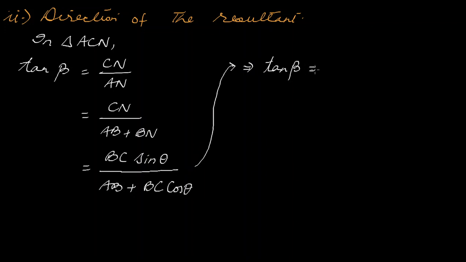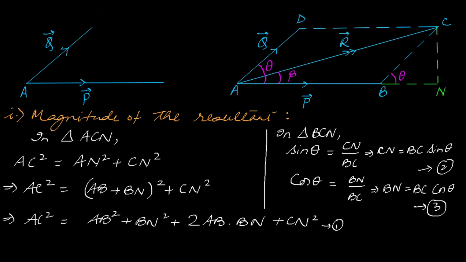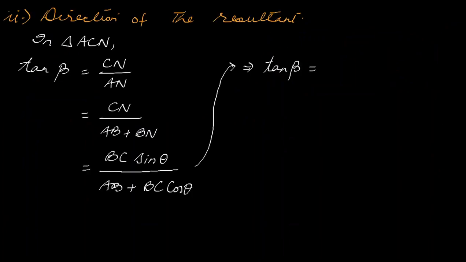So tan beta here is what? BC, but what is BC? If you look at the diagram once again, BC, if I'm not mistaken, is equal to AD. Yes, BC is equal to AD, and AD is equal to Q, right? So instead of BC, we can write AD sine theta by AB plus AD cos theta.